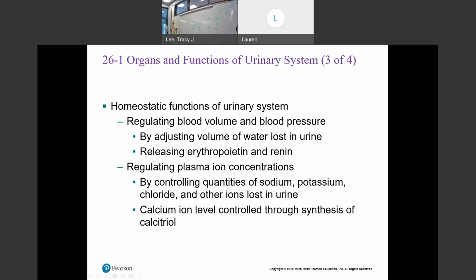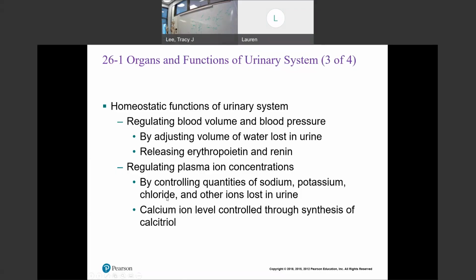Some of the other things it does is it controls plasma ions. Super important, right? Sodium and potassium we talked about with muscle contractions. Well, every cell membrane in our body uses sodium and potassium. So we have to have this perfect concentration of sodium and potassium. They do electrical charges throughout our body. So if we get messed up on our ion charges in our fluids, it messes with the electrical systems in our cells.